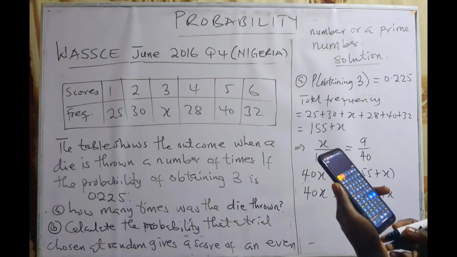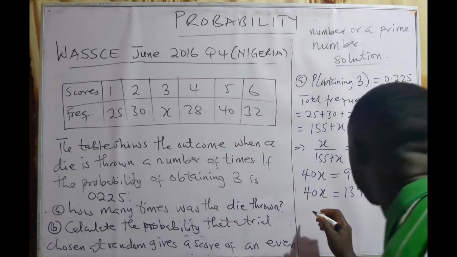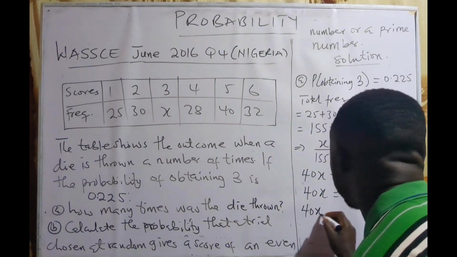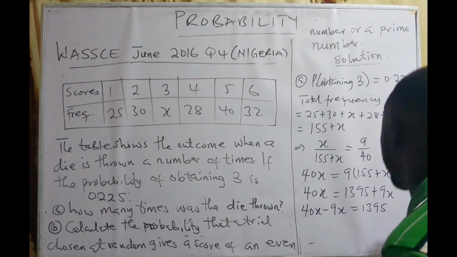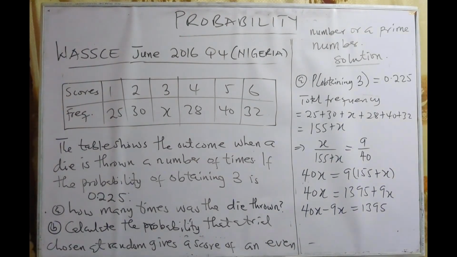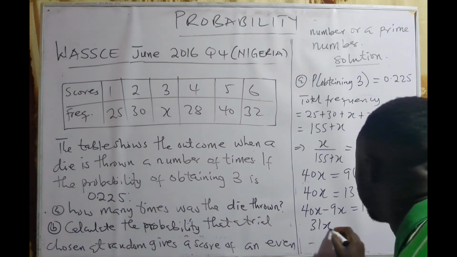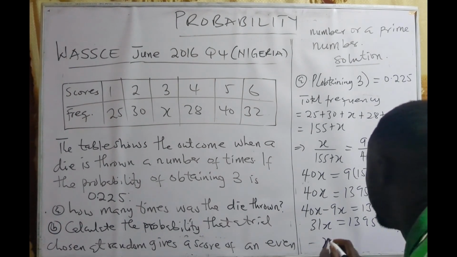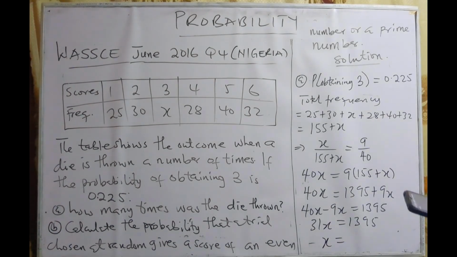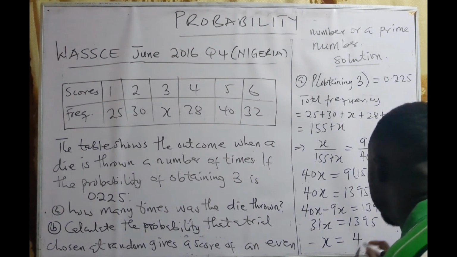Okay, so we are going to group like terms so that we have 40X minus 9X equal to 1395. And then what is 40X minus 9X? That is 31X equal to 1395. And we divide 1395 by 31. So 1395 divided by 31, we are going to get 45.